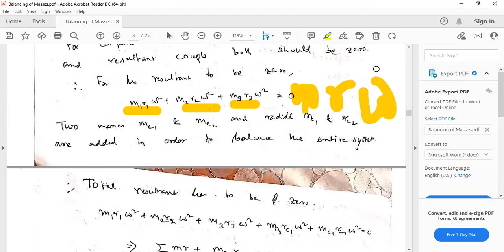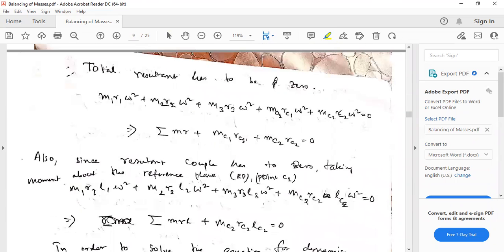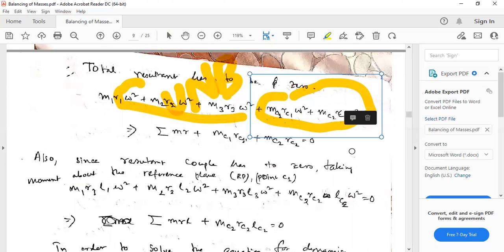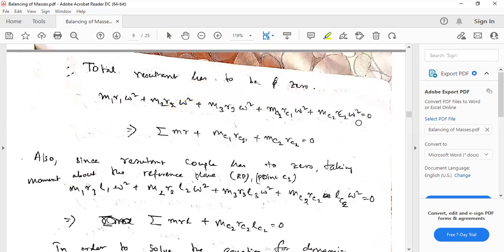Since we have two masses, this will be mc1 rc1 omega square, mc2 rc2 omega square. Then they have to be equal, which we can write with all the unbalanced part, this is unbalanced, and this part is balanced. Unbalanced and balanced forces should cancel each other and make this zero.